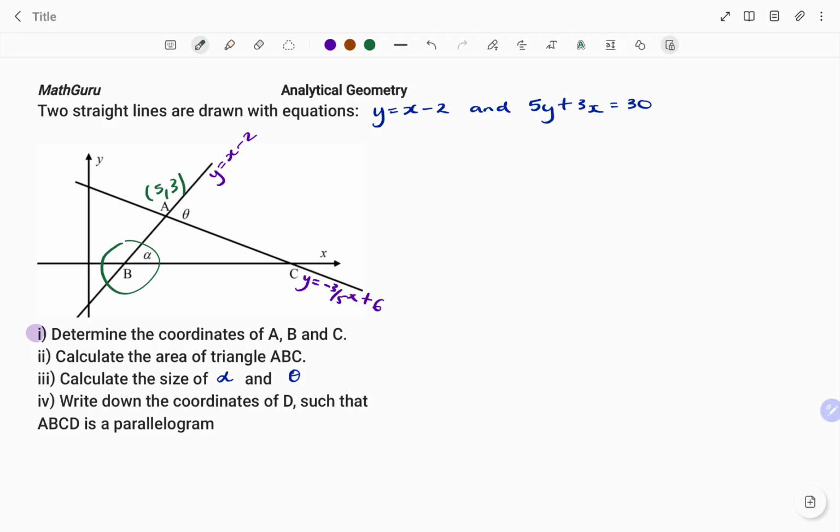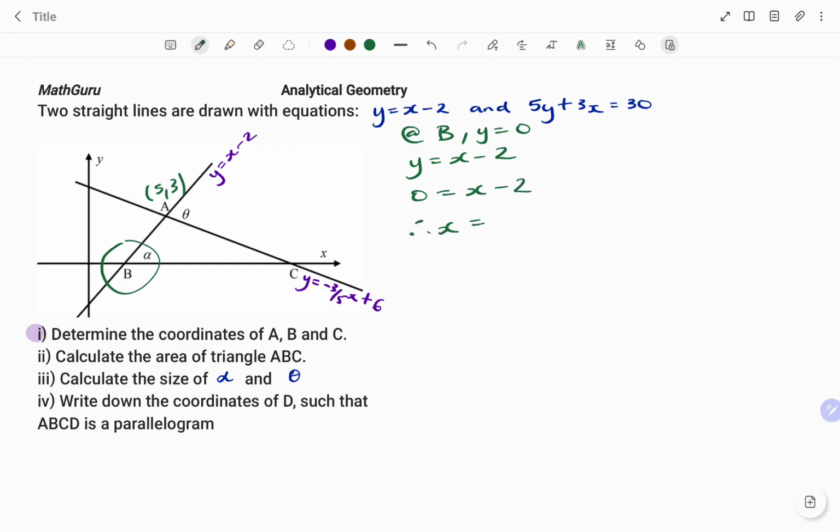So using the equation of that line, y equals x minus 2, at B, y equals 0, so I have 0 equals x minus 2.